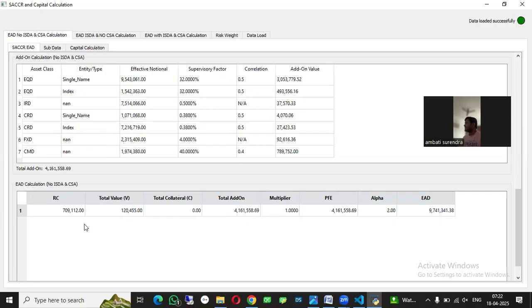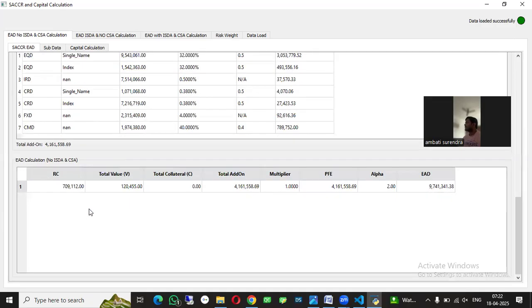If you see here, apart from that, I also populated a few more columns, like total V, which is the total MTM, the total collateral for this entire portfolio, and the total add-on. This is simply the number we got from the add-on calculator. So EAD is alpha times replacement cost plus potential future exposure. Once this number is populated here, it automatically calculates the EAD.